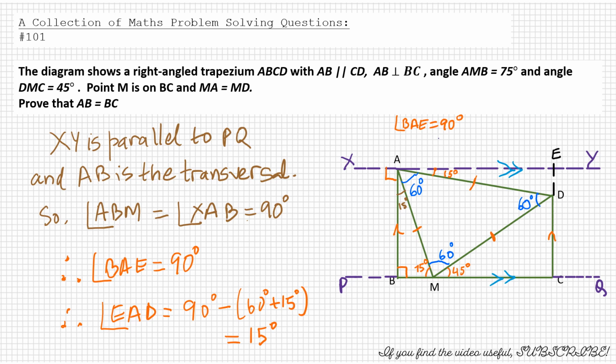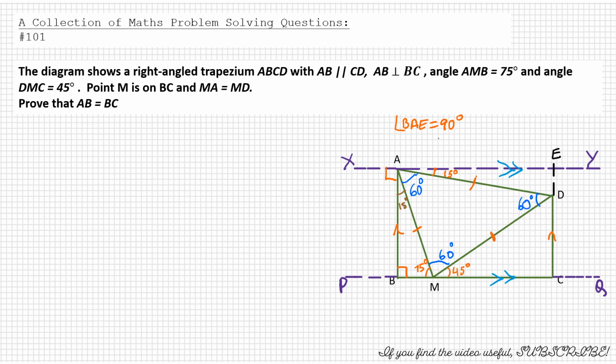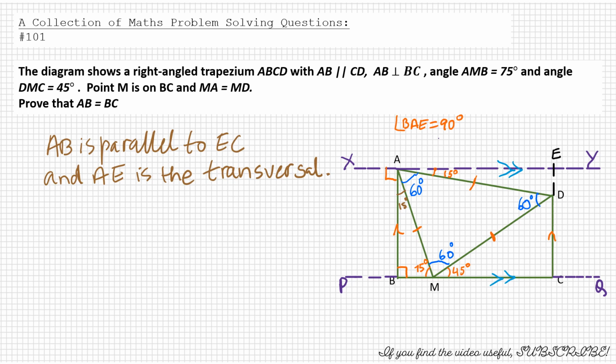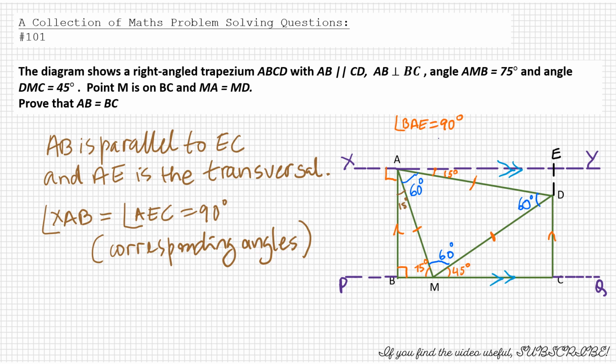Then we move on to find more angles. AB is parallel to EC, and AE is the transversal, so angle XAB equals angle AEC equals 90 degrees.